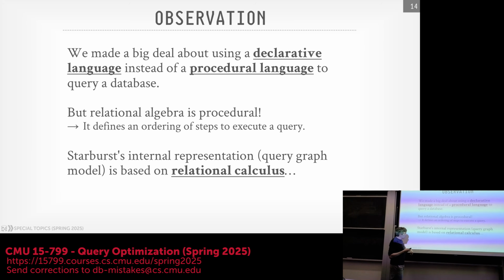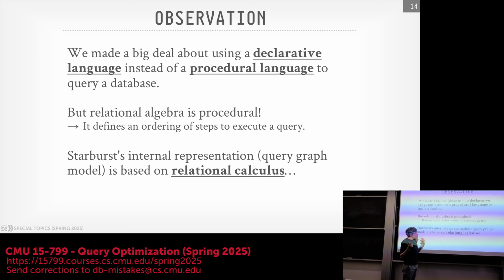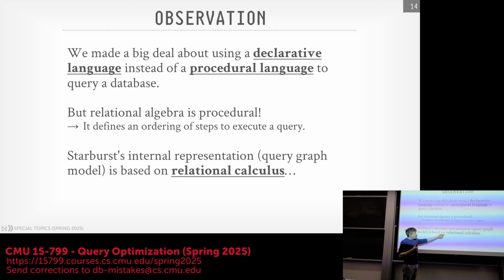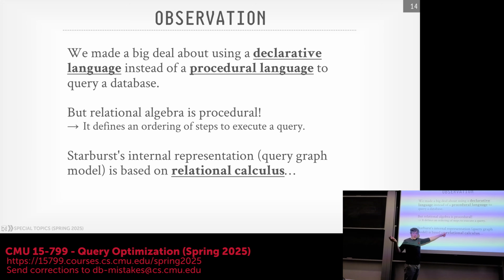So Starburst, instead of representing the query plans as relational algebra, which again determines the order that things occur, is going to be a little bit higher level and represent things in relational calculus. I don't teach relational calculus in the intro class anymore because you don't really need to know it unless you're doing query optimization. Guess what?